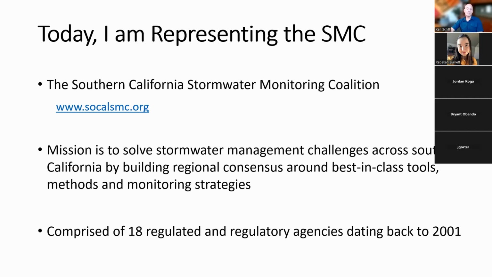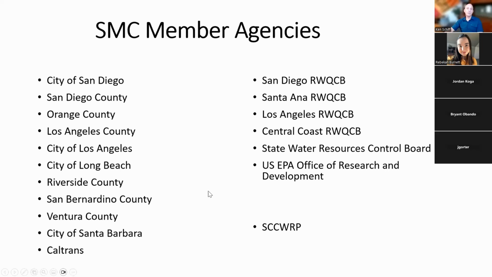Everybody has a lot of challenges in trying to manage their stormwater. This is a group that's come together, both regulators and regulated, to try and solve some of these really challenging problems. There's 18 agencies. Here's the list of them.